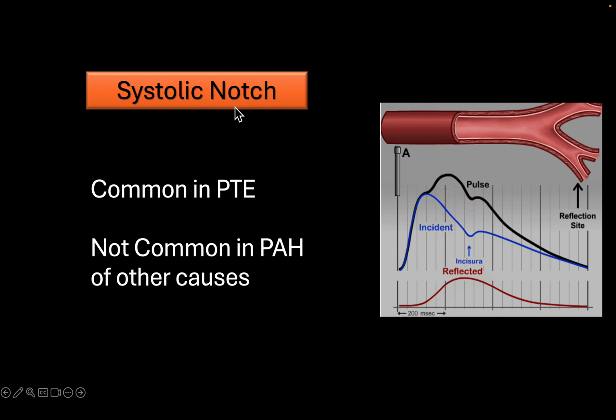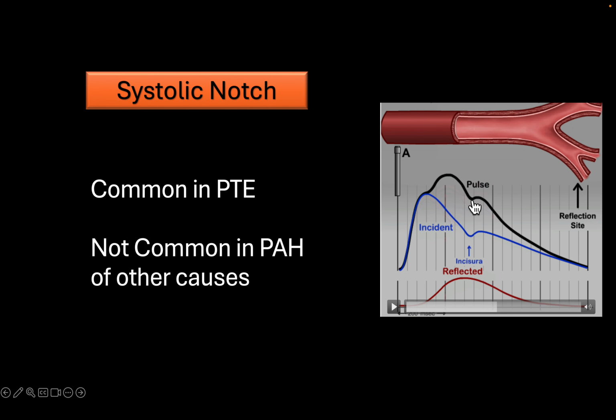Again, the systolic notch in pulmonary artery hypertension is seen far more commonly in pulmonary embolism, where the obstruction happens in the proximal pulmonary arteries and the reflected waves are immediately reflected back. The delay is less, and then they create a notch.